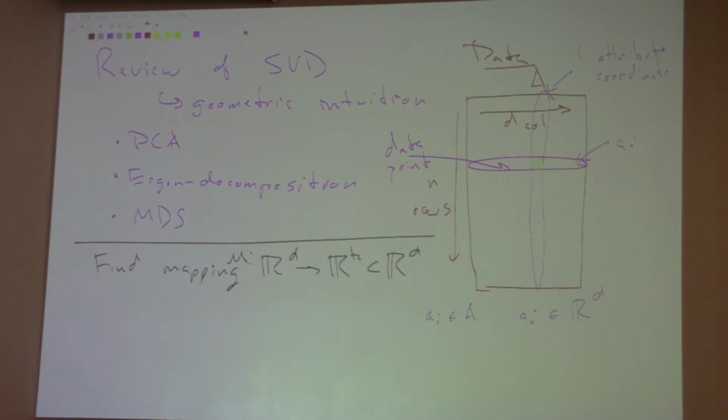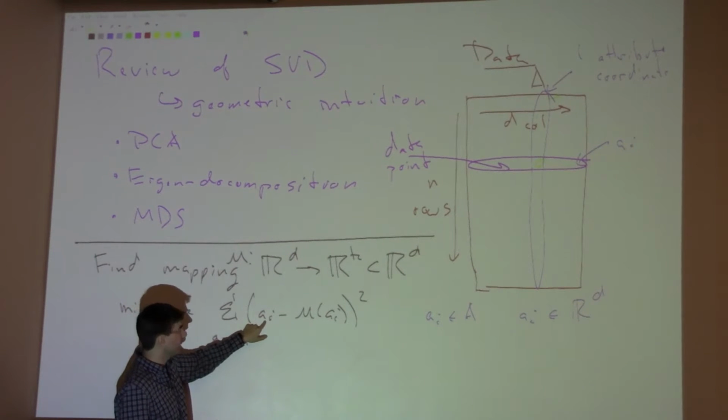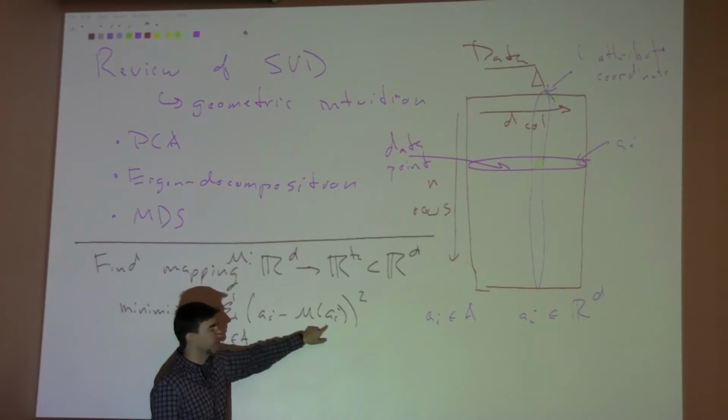It's a little weird to write it this way, but you want to minimize the sum of the distances between a_i and its image. For every data point which lives in a high-dimensional space, I map it to a low-dimensional subspace.